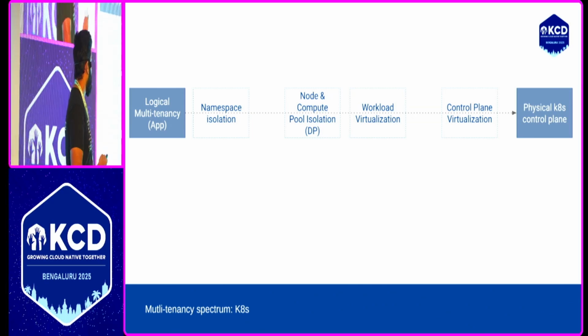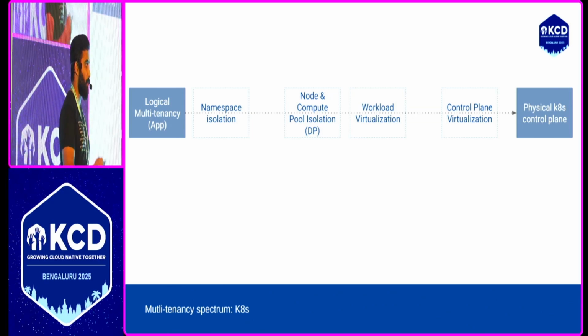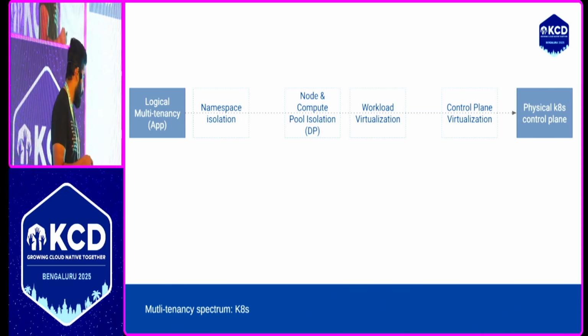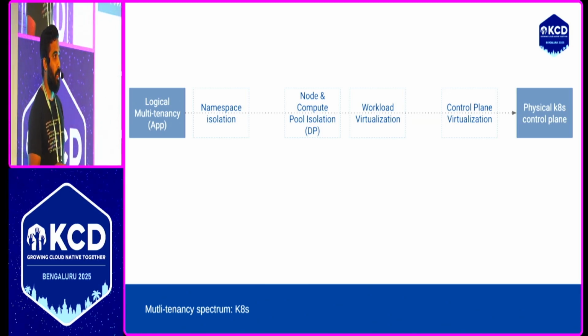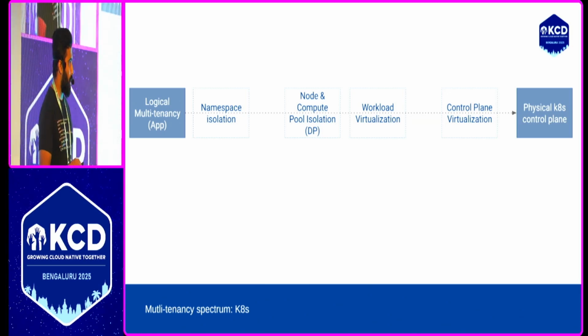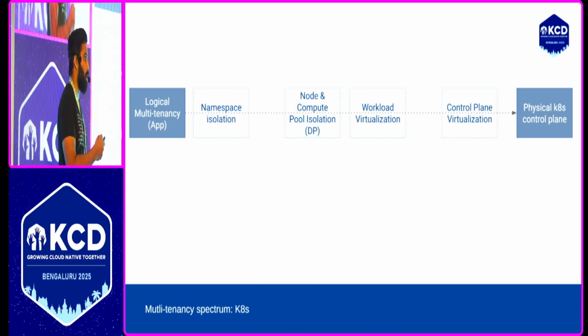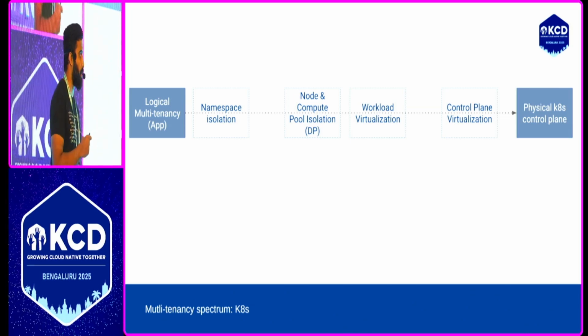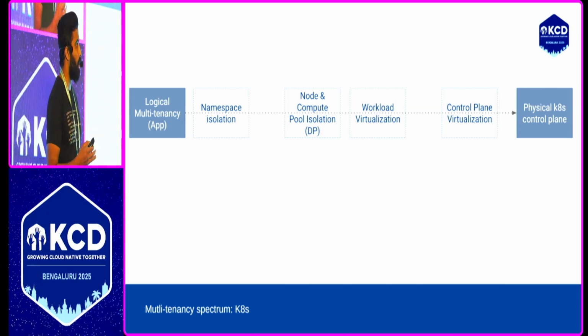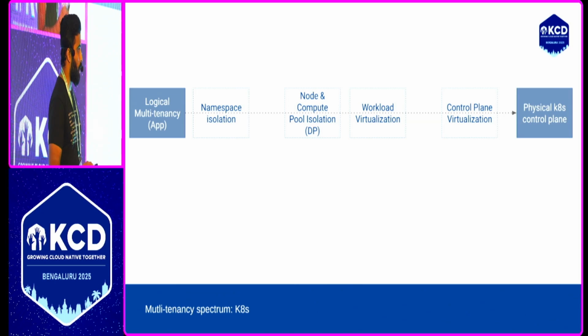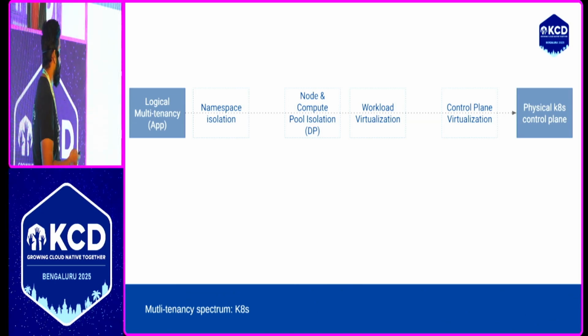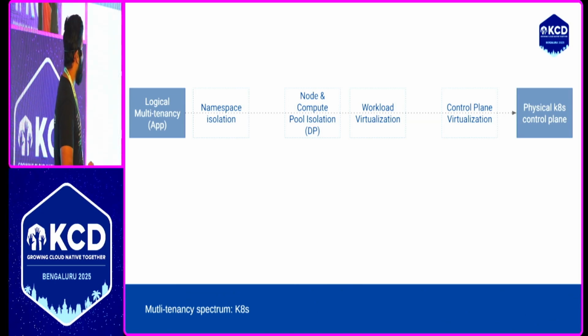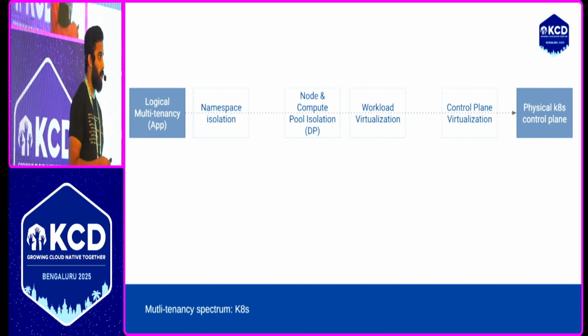The next step, and the easiest way to get started with multi-tenancy on Kubernetes, is to deploy each tenant in its own namespace. This provides us with logical isolation, but does not really provide physical isolation. So multiple namespaces can still be co-located on the same physical hardware. And then the next step is every tenant gets their own compute and storage.